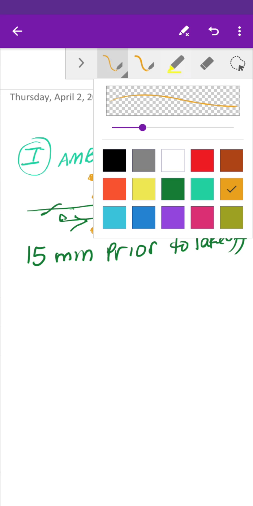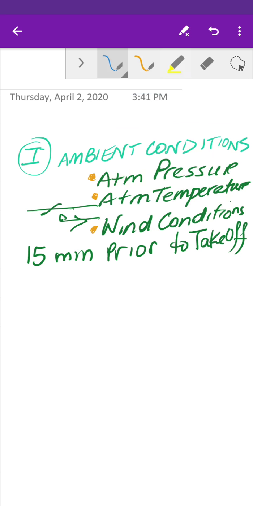Right, that's ambient conditions. I'd like to now look at forecast conditions.